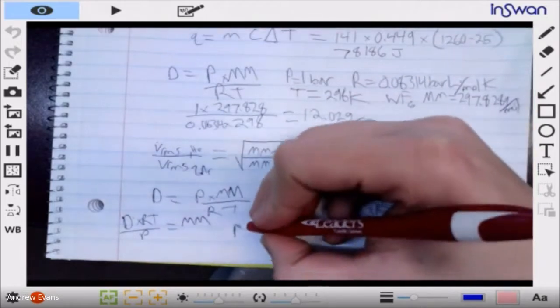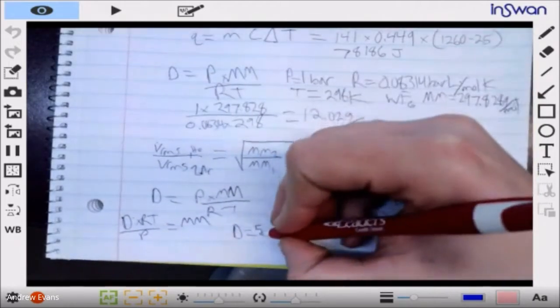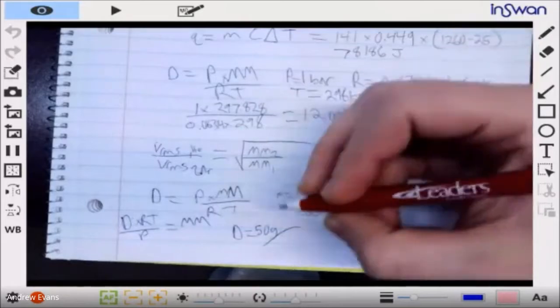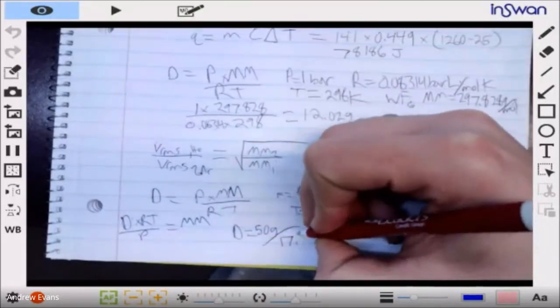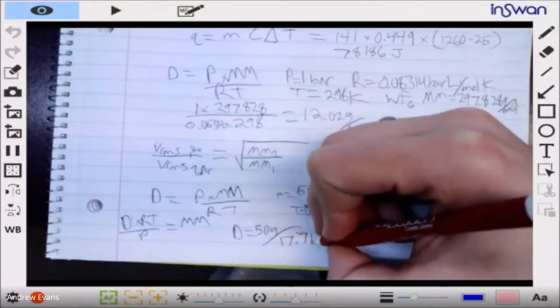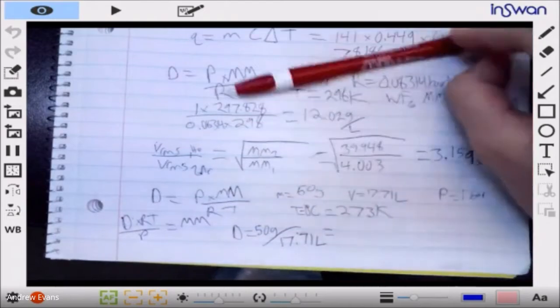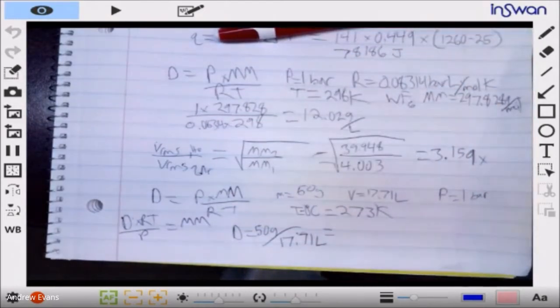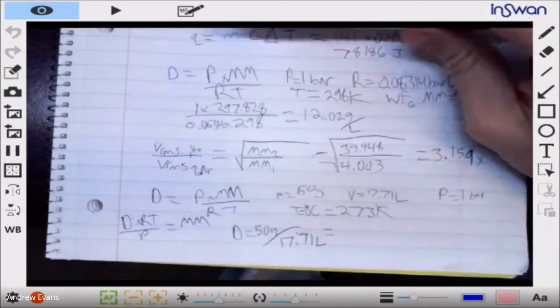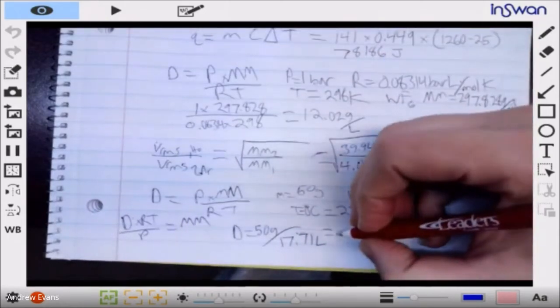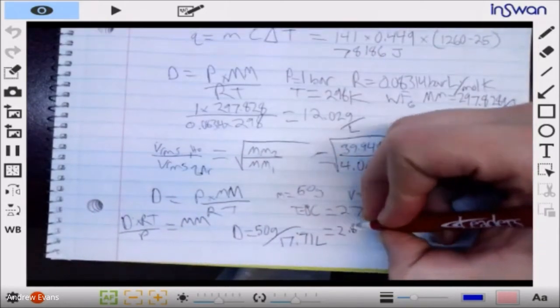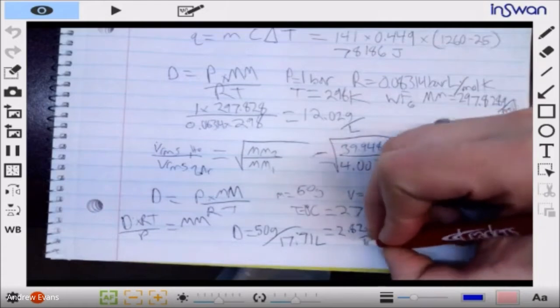So density is going to be our 50 grams divided by 17.71 liters. Doing that would give a density of 2.82 grams per liter.